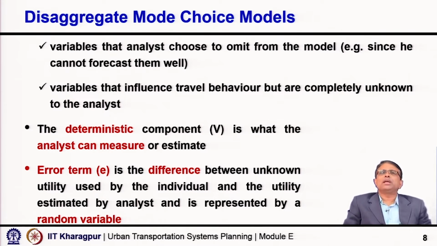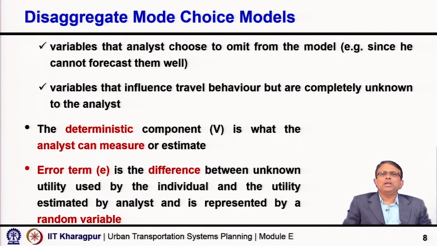So, that means I take a different mode, right. Or one day my family wants the car, so instead of traveling by car, I travel by bus. Now, such variations, even if somebody gives you the data, can we forecast what will happen after 1 year or after 2 years or after 5 years? Can we predict this? We cannot predict it.